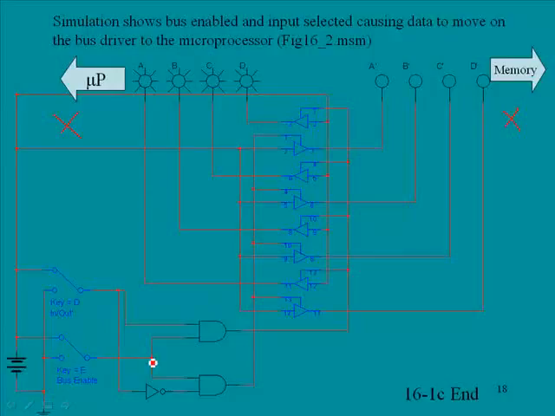We have a high here going, so this gate is enabled, so we have data moving as an input. If this had been in this position down here, then we would have been moving data in the opposite direction, and these LEDs over here would be illuminated. If this was in the low position right here, the bus would be disabled. This would be the third state, and there would be no data moving anywhere.